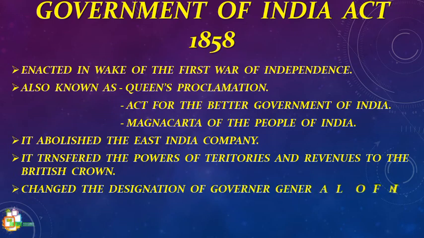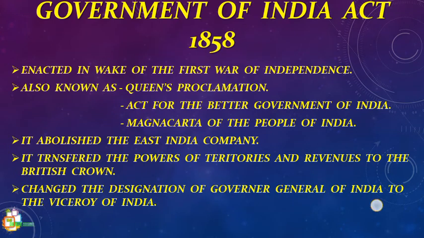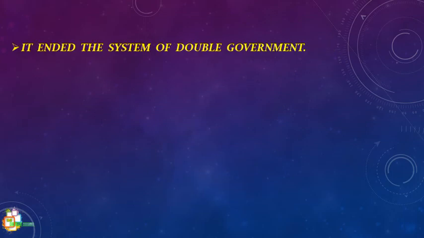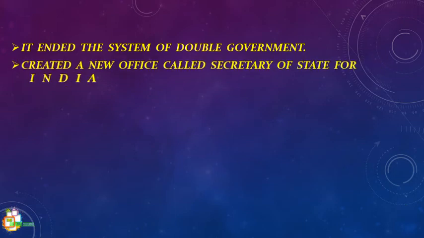It changed the designation of Governor General of India to the Viceroy of India. Lord Canning was the last Governor General and the first Viceroy of British India. It ended the system of double government by abolishing the Board of Control and the Court of Directors.